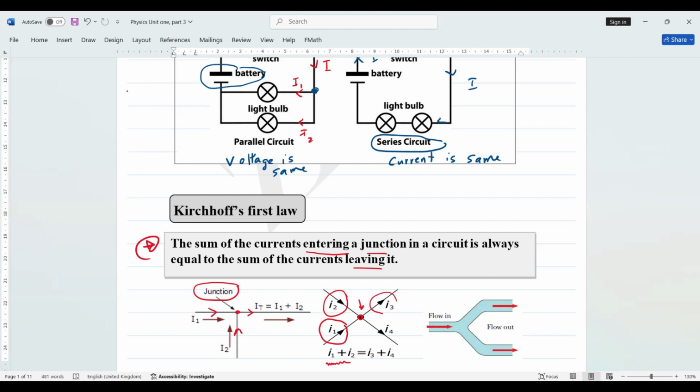I3 is out from the arrow. I4 also is out. Then I1 plus I2 equals I3 plus I4. So this is called Kirchhoff's first law. The sum of currents in equals the sum of currents out at any junction. Here this is the flow in and this is the flow out.